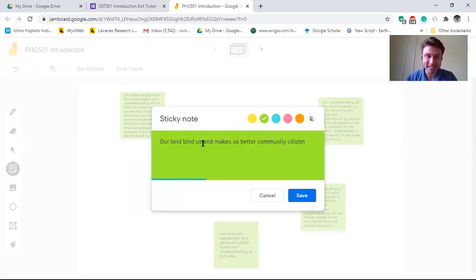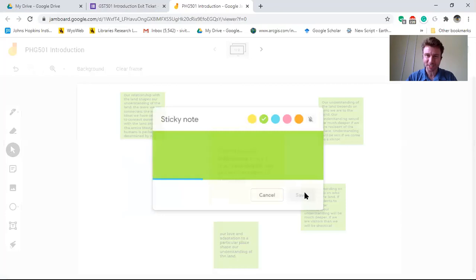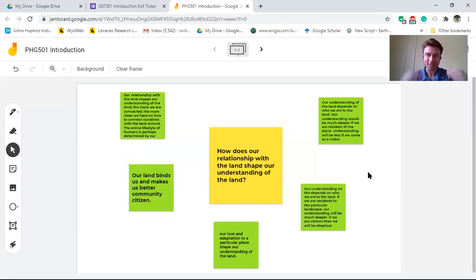Our land binds us and makes us better community citizens. Wow, so many good words out here. This is all great. What you are starting to uncover is that our relationship is so important. Throughout this course, not only are we going to be looking at physical landforms, but we have to look at how we relate to these physical landforms, because that's ultimately going to shape our understanding.